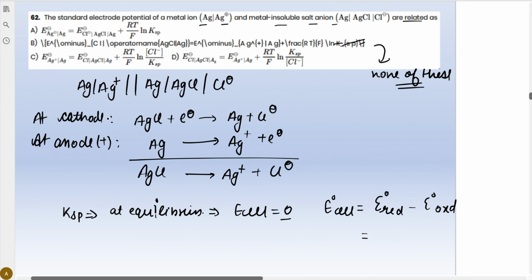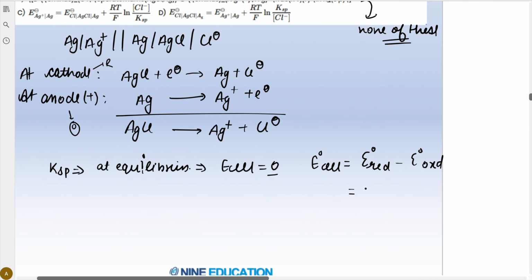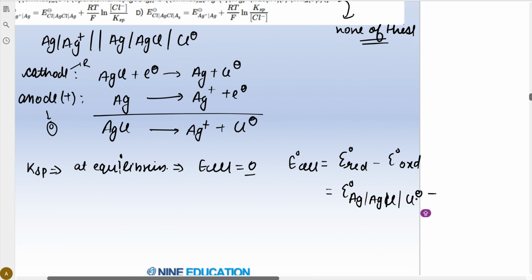And you all know reduction will happen at the cathode and oxidation will happen at the anode, so E naught cathode minus E naught anode. So E naught reduction will be E naught of Ag, AgCl and Cl minus, and E naught oxidation will be Ag to Ag positive. This is the E naught cell value.